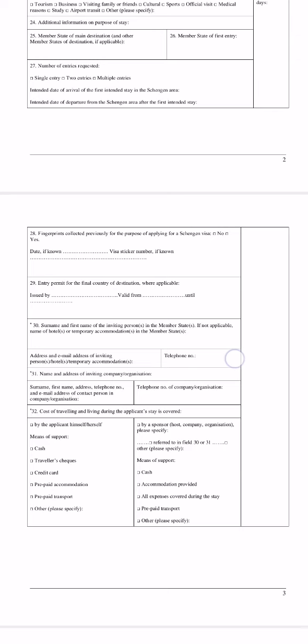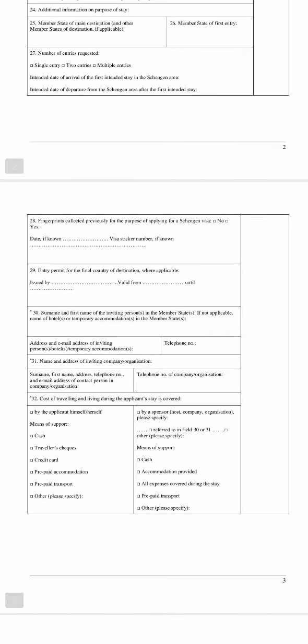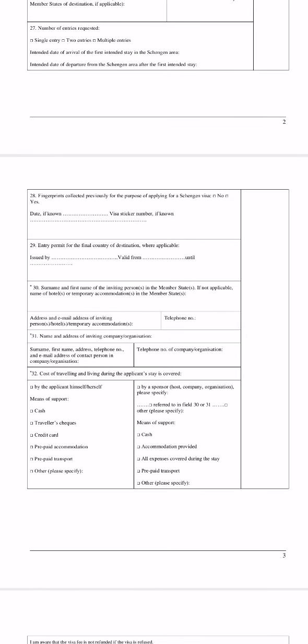Then the date. If you attached it, you put the date on it. Then the visa sticker number, if you know it, right? Then question 29 says your entry permit for the final country of destination, where applicable. So issued by, then valid from this time to this time, right?